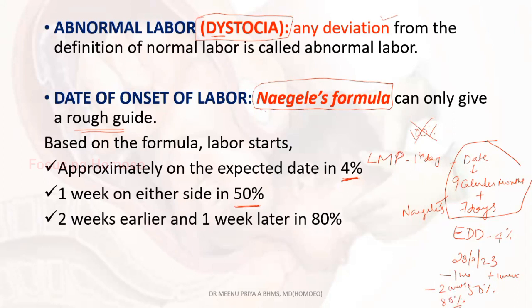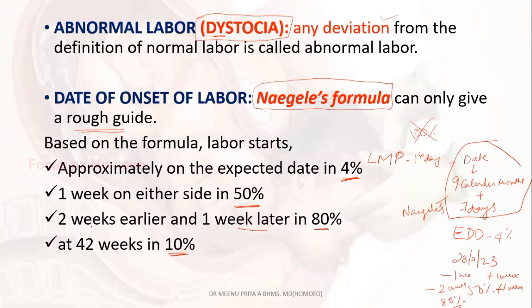Most probably, if the EDD is calculated, we have to expect in 80% of cases the onset of labor 2 weeks prior to that date, and this applies much to a primigravida, and 1 week later in 80%. So minus 2 weeks or plus 1 week in 80% of pregnant women, and at 42 weeks in 10%.